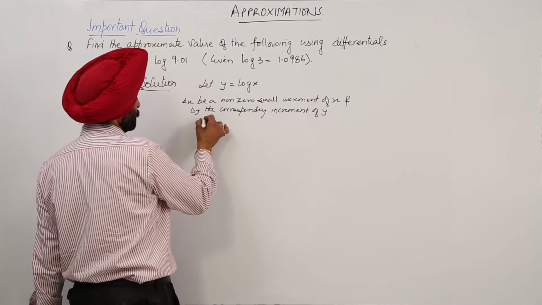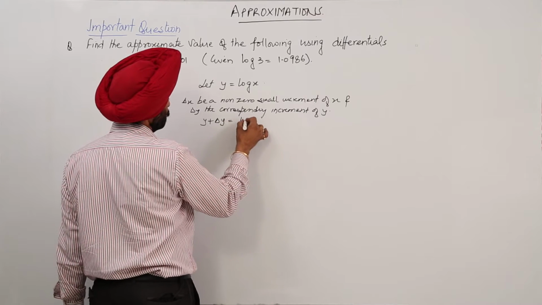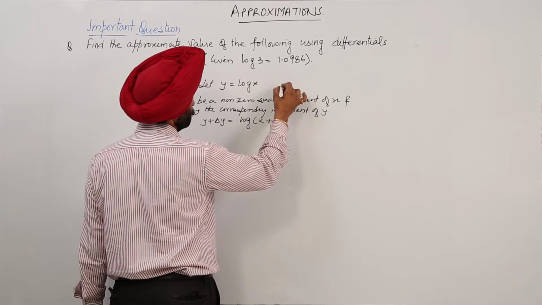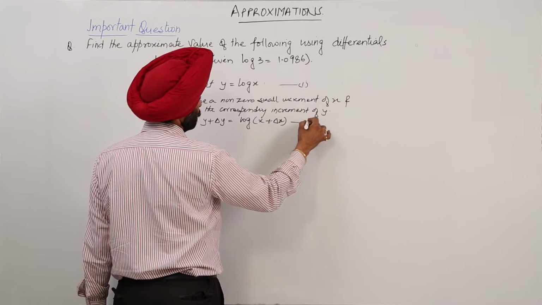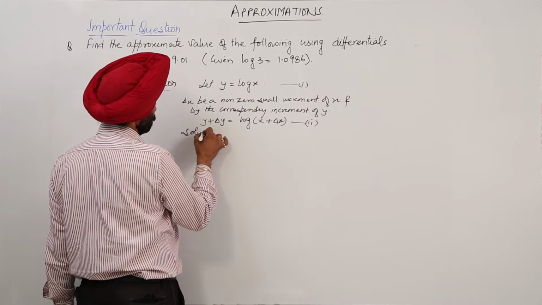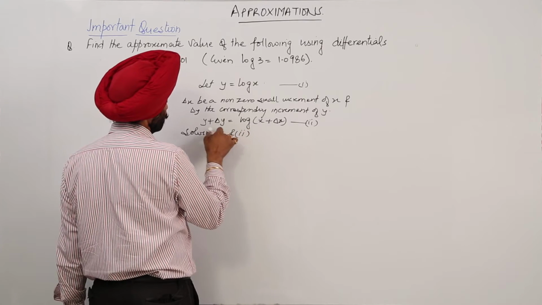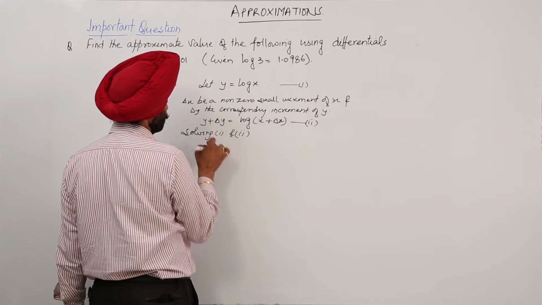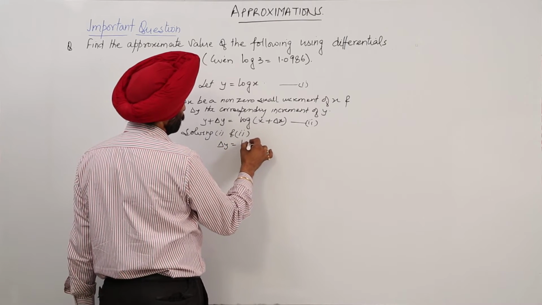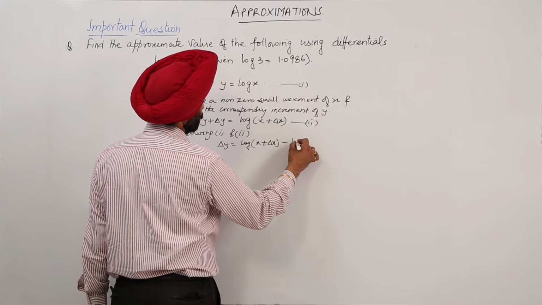Now y plus delta y is equal to log x plus delta x. Solving 1 and 2, delta y is equal to log x plus delta x minus log x.